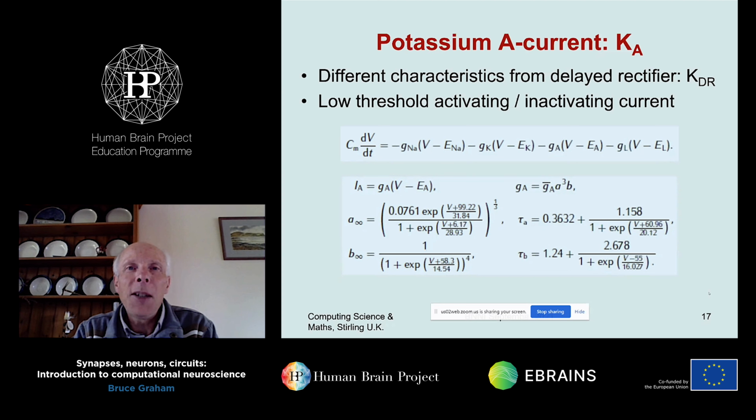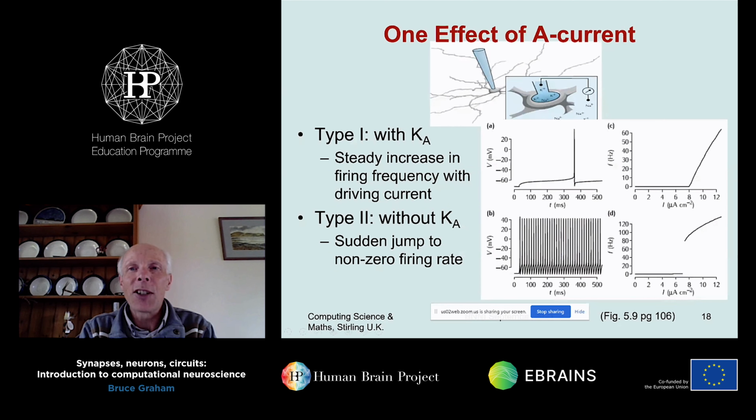The potassium current underpinning the action potential is a delayed rectifier current. There's another one which is common in many neurons known as the A current, which has different dynamics and can do different things. I'm not going to explain the details here, just to highlight that we can play with a simulation later on that will explore the role of the A current in neuron input-output.